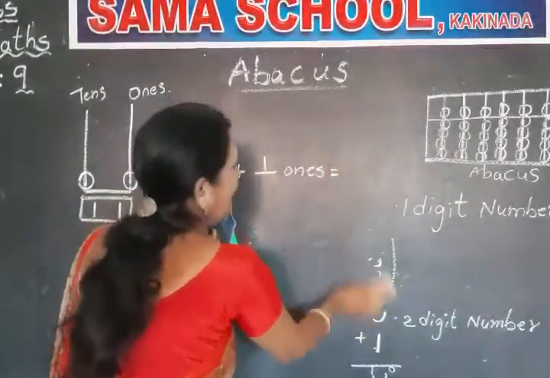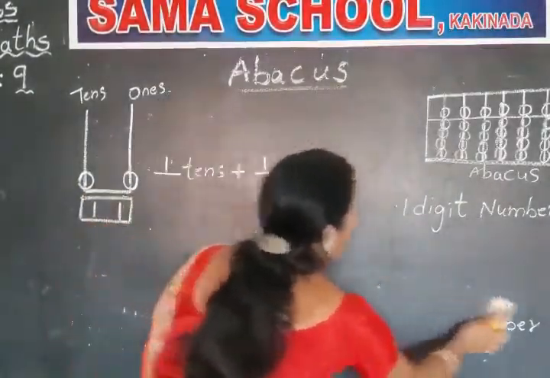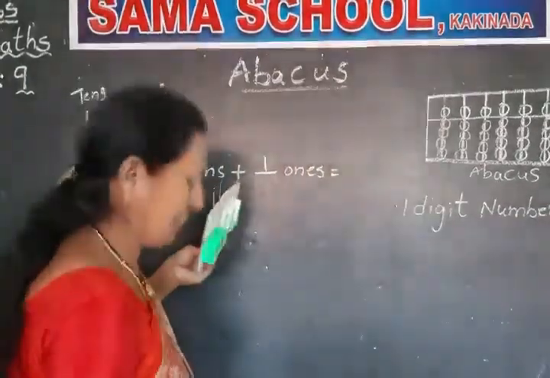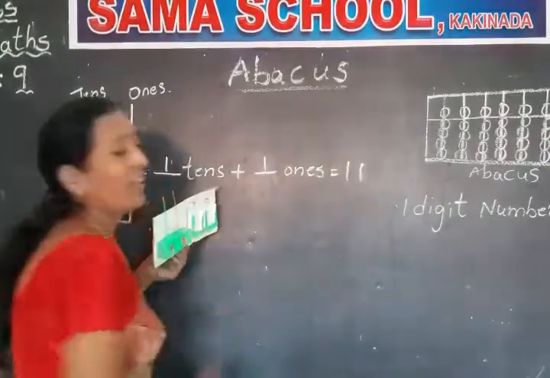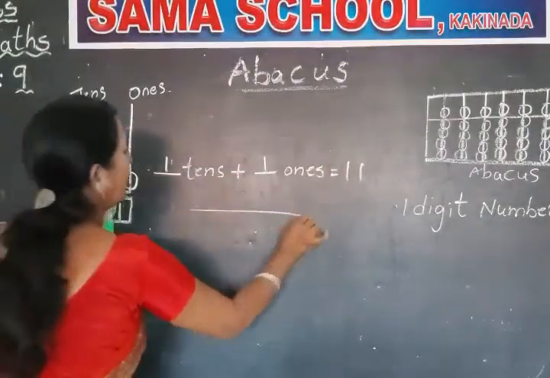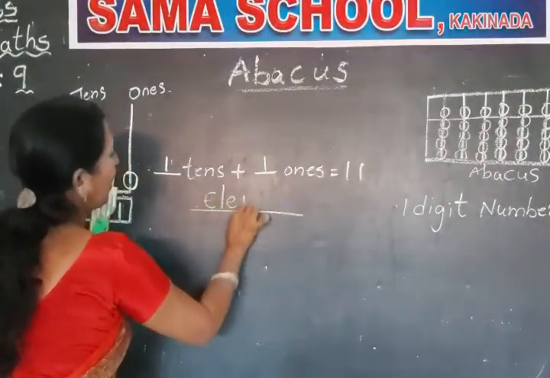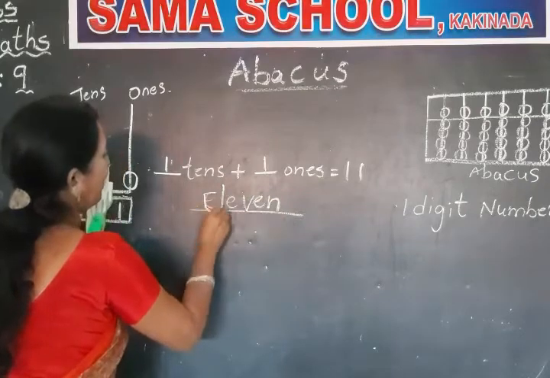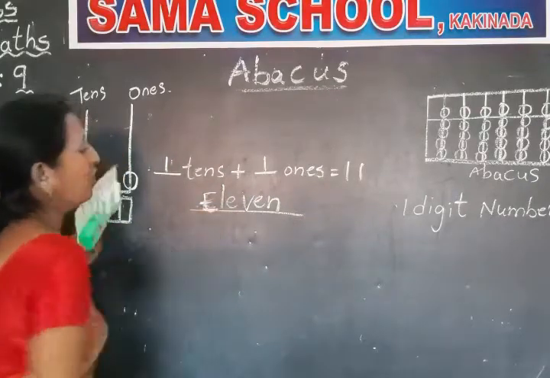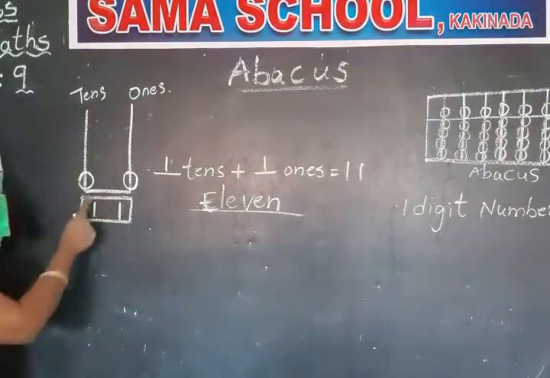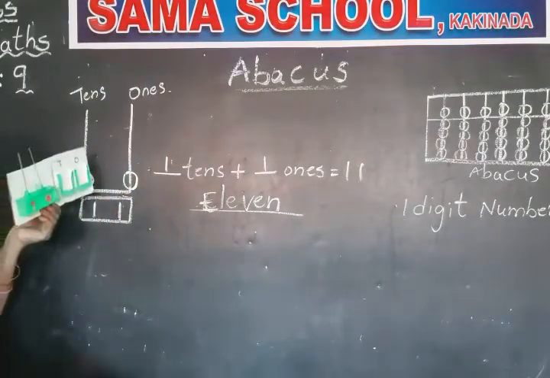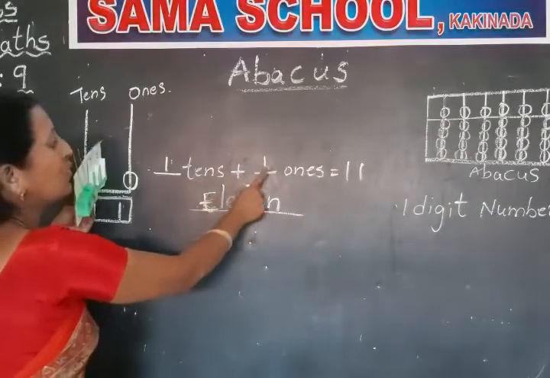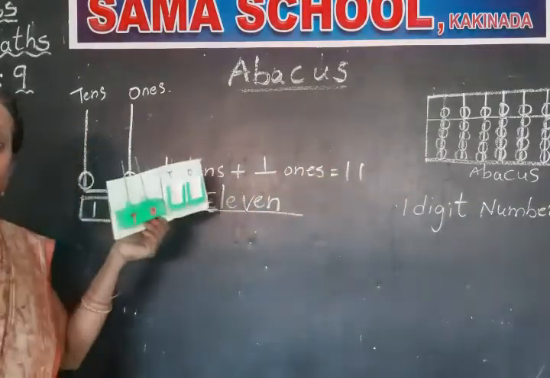No, children? 11. You write the spelling of 11 as E-L-E-V-E-N. So here in tens place one bead and the ones place one bead. So 1 ten plus 1 one equals 11.